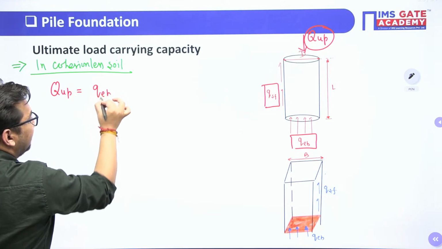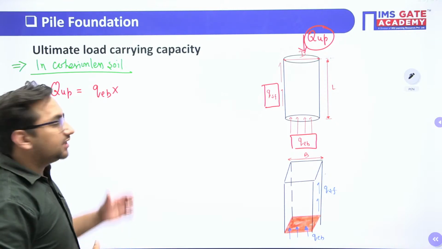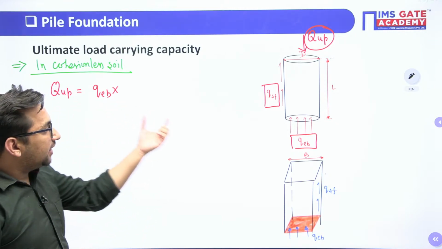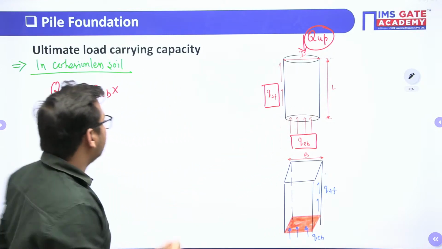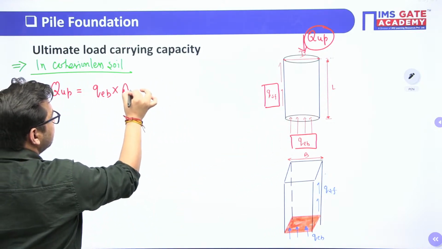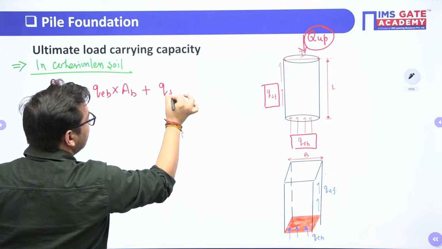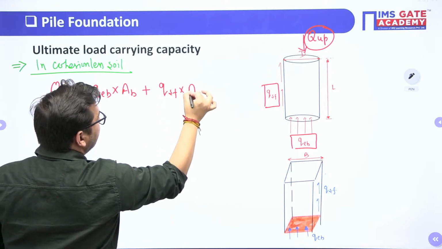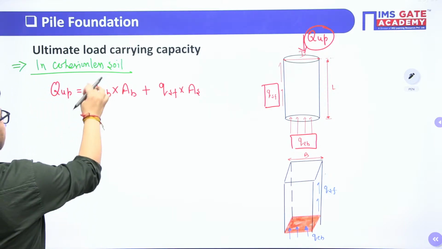Now these are the values of resistance. If you multiply this value with area, then you will get the load value. So this is the end bearing resistance multiplied by, since this is acting at the base, the area at base, plus side friction resistance multiplied by the area at side. Clear?